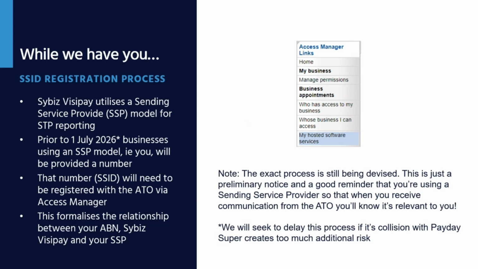We don't want to add another component into the mix at that same point in time, because if people don't do what's required when required, they're not going to be able to successfully launch their STP, and they'll be chasing their tails and forget all about the Payday Super and get smacked on the knuckles on day one of the new Payday Super.